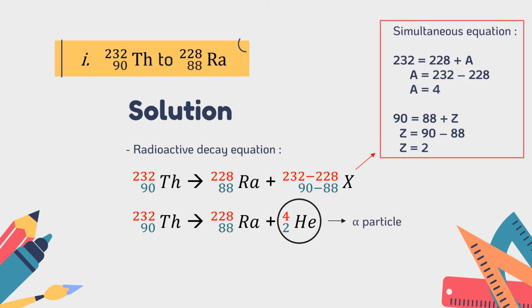Now, as you can see, helium-4 is an alpha particle, which means this decay of thorium-232 into radium-228 will emit an alpha particle. Therefore, the type of radioactive decay that occurred in this decay is alpha decay.